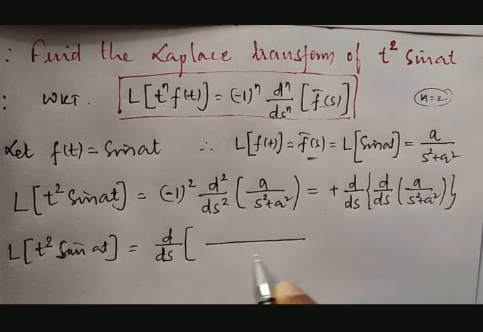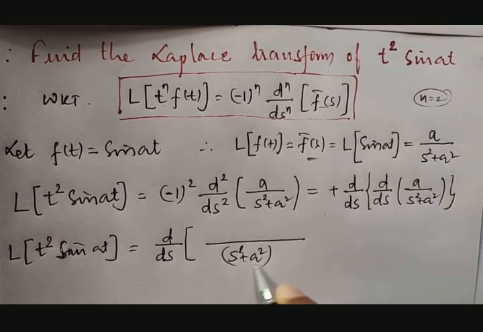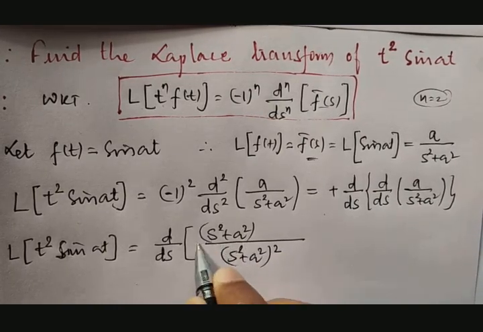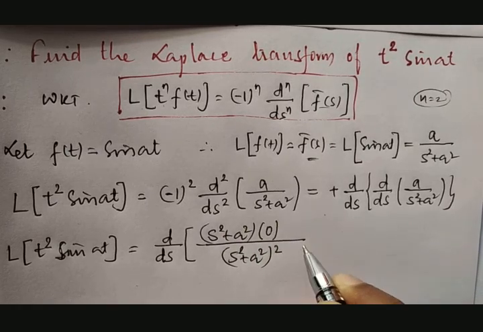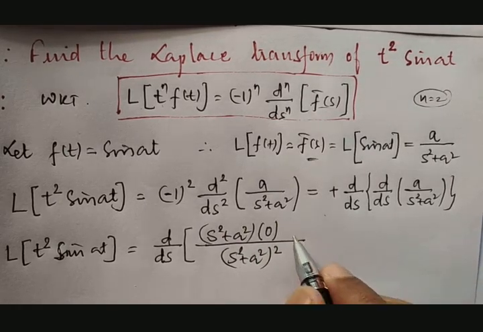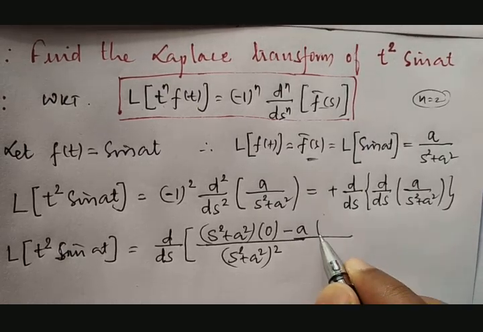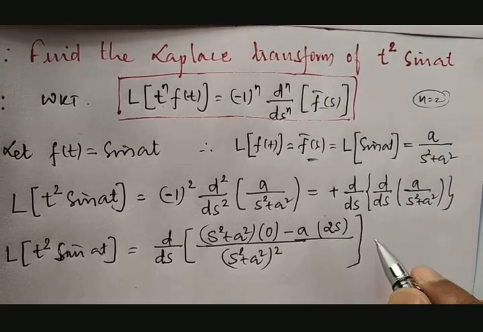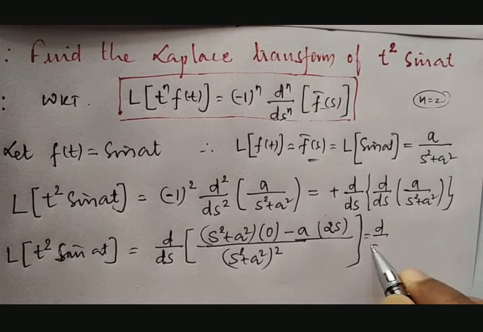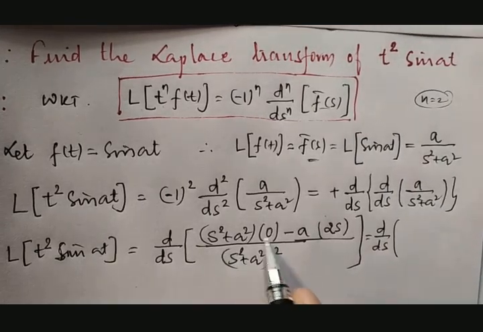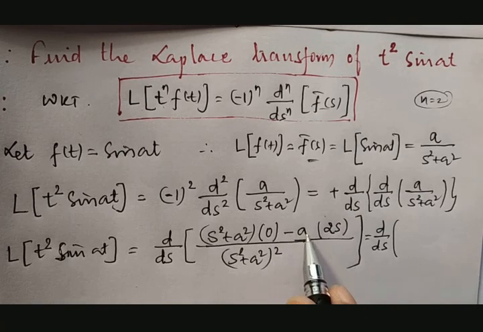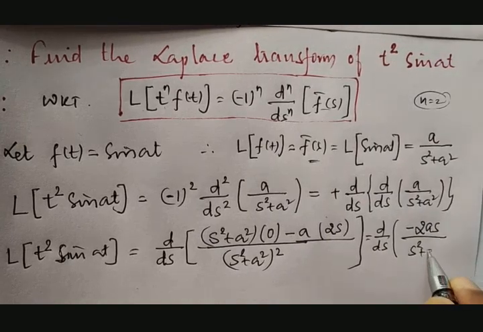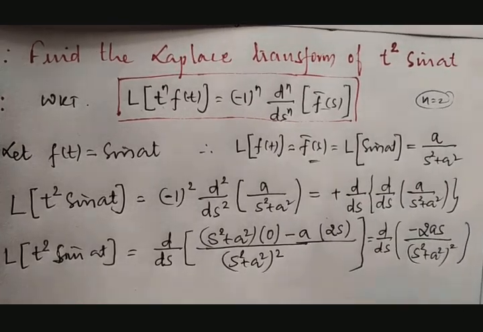By the quotient rule: square of the denominator, then denominator into differentiation of the numerator, that is a with respect to s, which is 0, minus numerator into differentiation of the denominator, which is 2s. So s square plus a square into 0 is 0, then it becomes minus 2as, divided by s square plus a square the whole square.